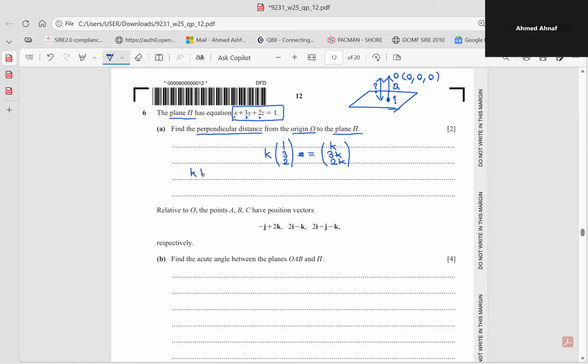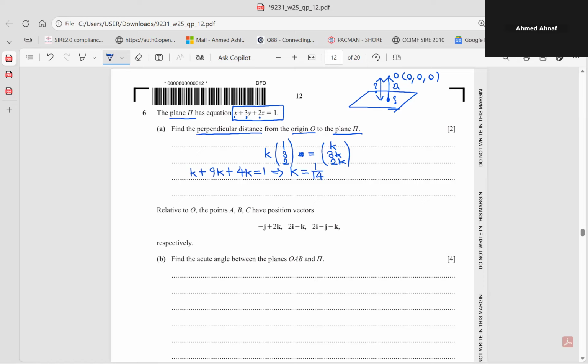So it's k plus 3 times 3k, 9k, plus 2 times 2k, that's 4k. 14k equals 1, so k is 1 over 14.